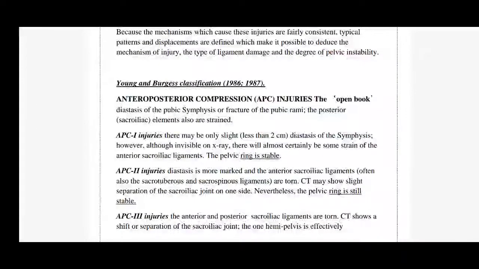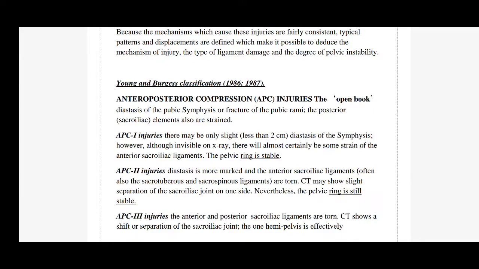It's a very important classification and also guides the management. Anterior posterior compression, also called open book injuries, means diastasis of the pubic symphysis or fracture of the pubic rami, and the posterior sacroiliac elements may be strained or sprained.